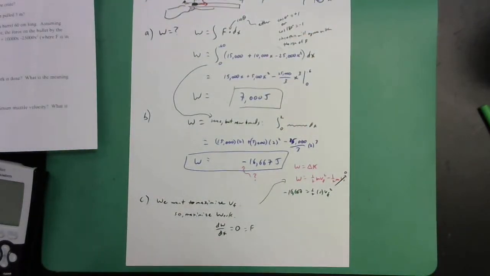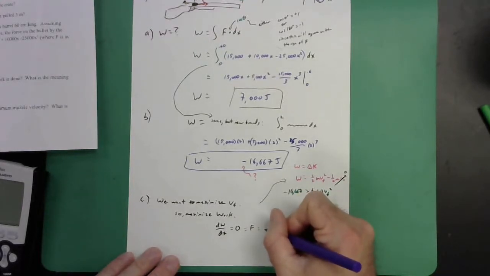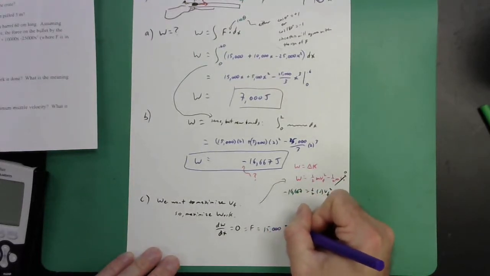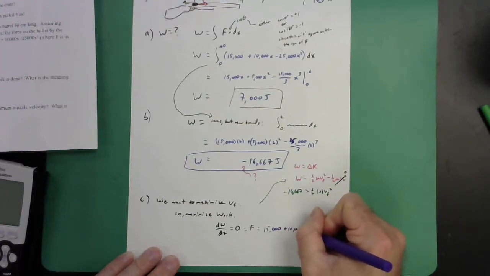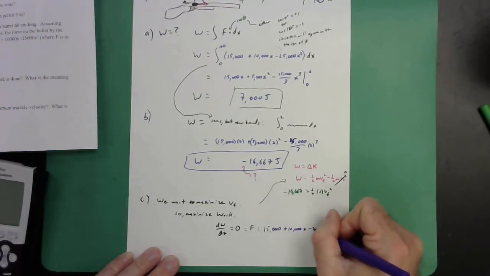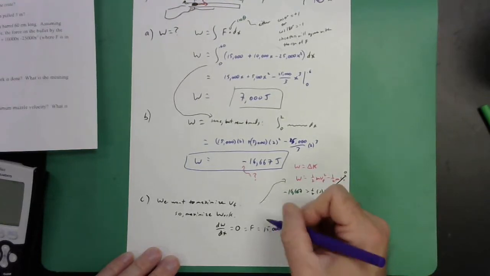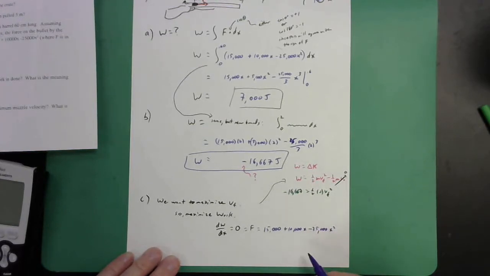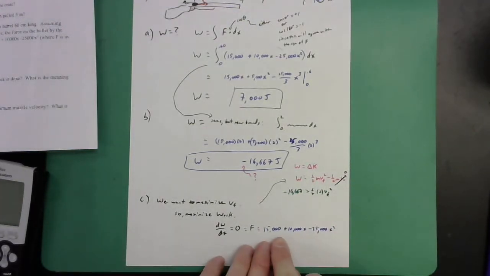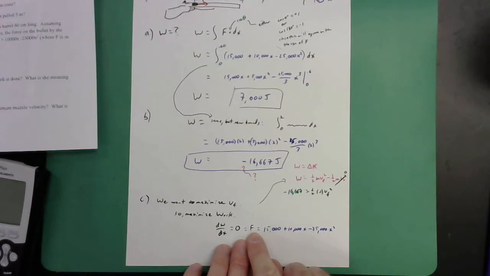And if you think about that, 15,000 plus 10,000 x minus 25,000 x squared, I want to set that equal to 0 and solve for x. But does this make sense? Finding where the force is 0 gives the position where the work would be maximized.